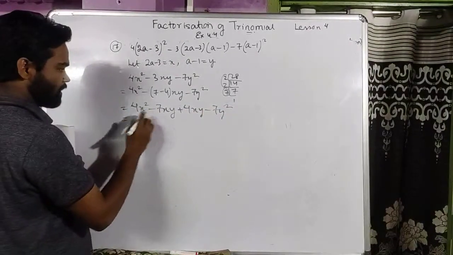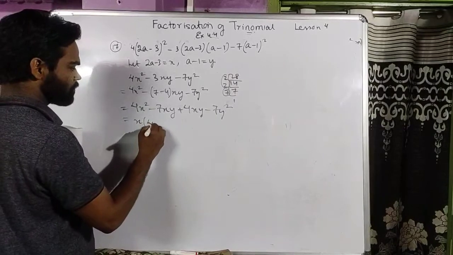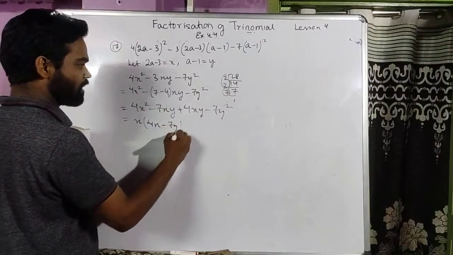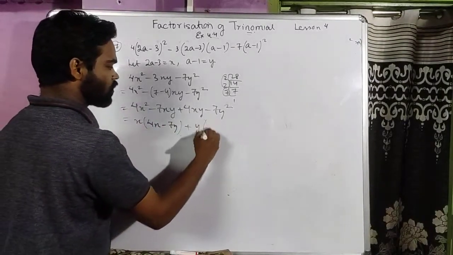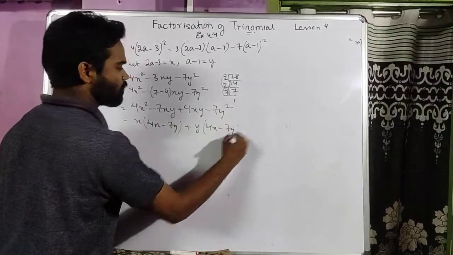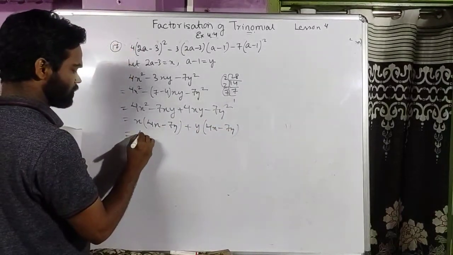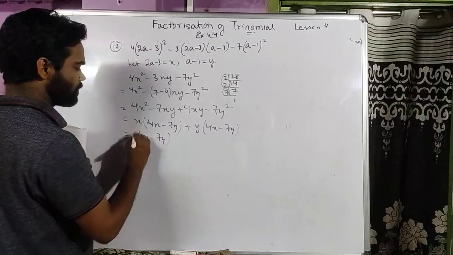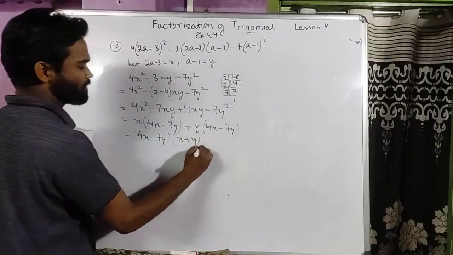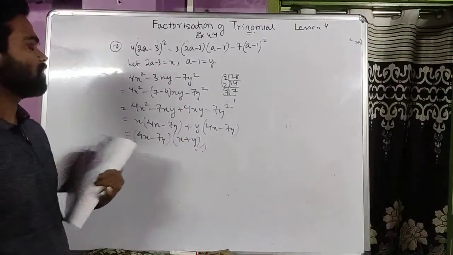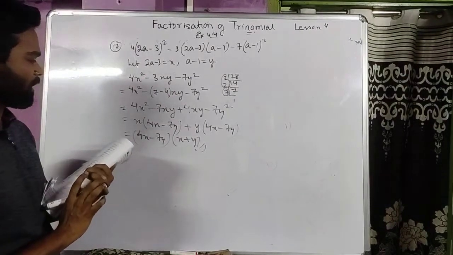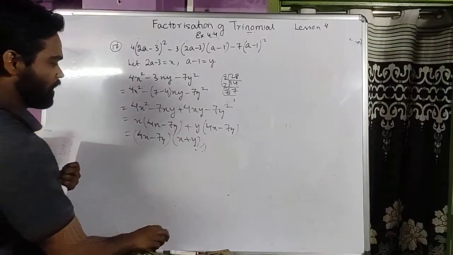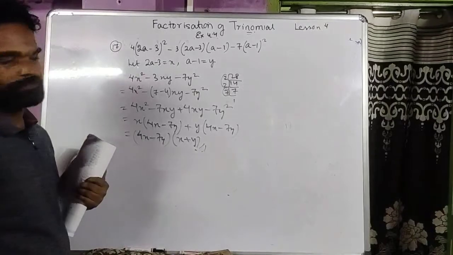So I think x is common over here, 4x minus 7y, plus y is common here, 4x minus 7y. We take 4x minus 7y common, so x plus y is left over here. So this is our final answer: 4x minus 7y multiplied by x plus y.